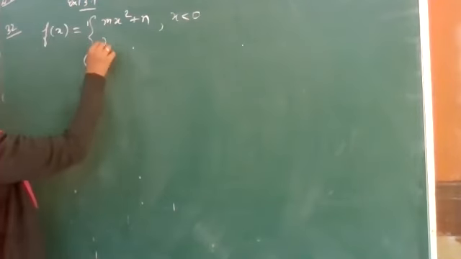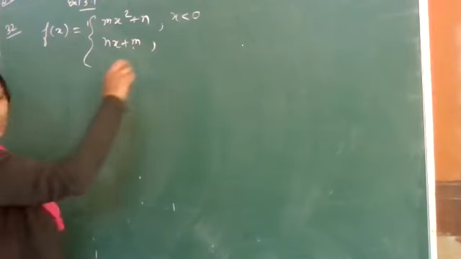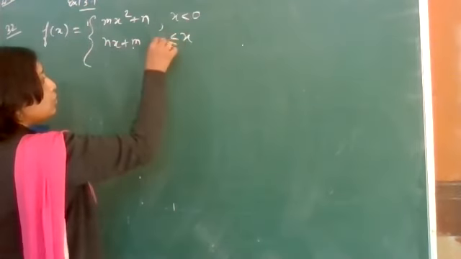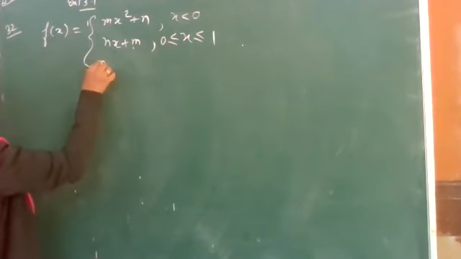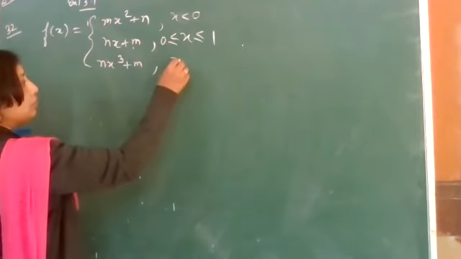It is nx plus m when x is greater than or equal to 0 and less than or equal to 1. And nx cube plus m when x is greater than 1.